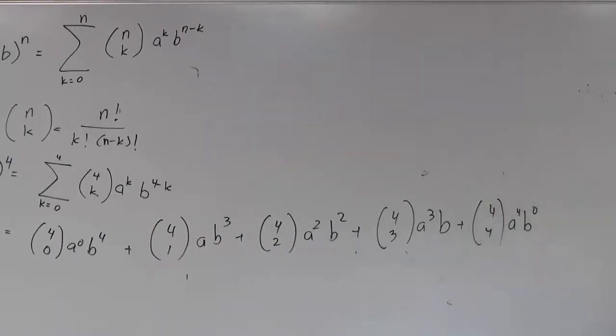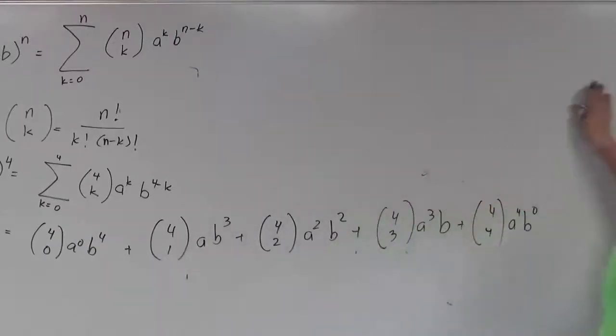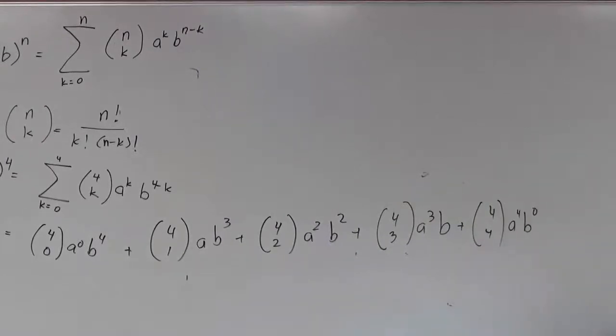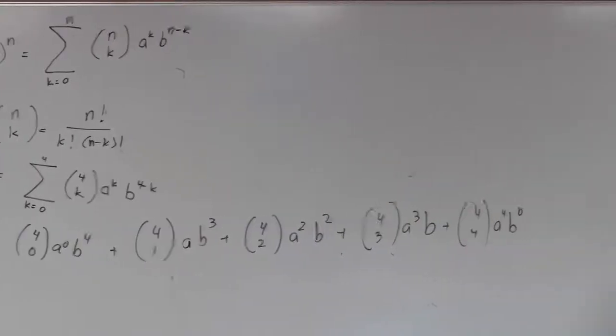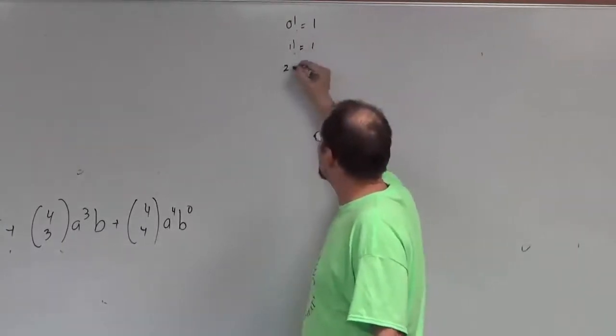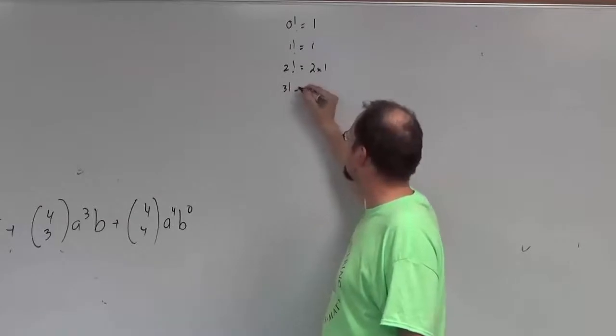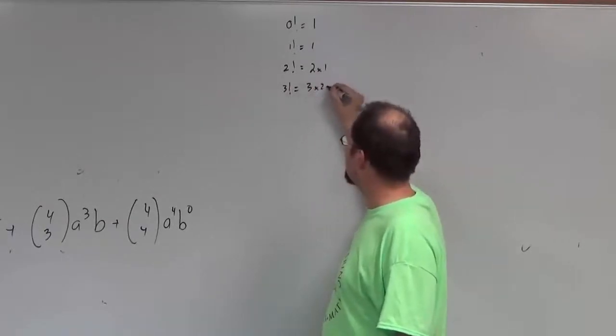All right. And if I were to compute these, okay, so I should mention what factorial is if you haven't seen it before. 2 factorial is 2 times 1, 3 factorial is 3 times 2 times 1.